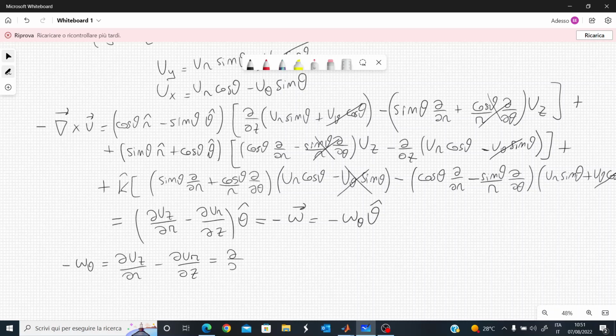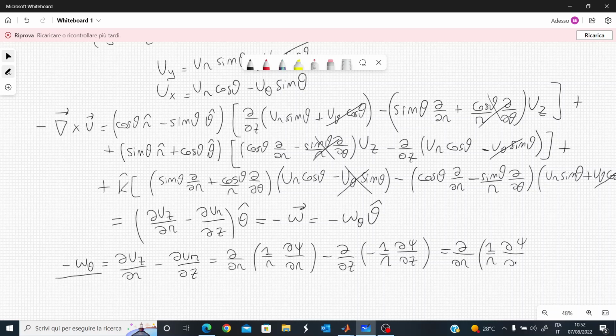So we have d over dr of 1 over r d psi over dr minus d over dz of minus 1 over r d psi dz, and this will give me the equation minus omega theta equal to d over dr 1 over r d psi dr plus 1 over r d squared psi dz squared, like this.